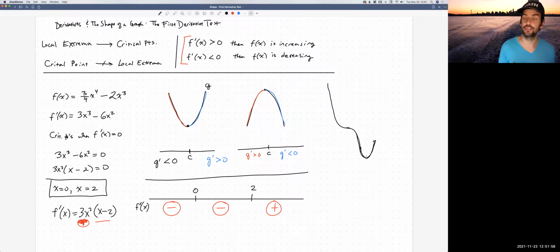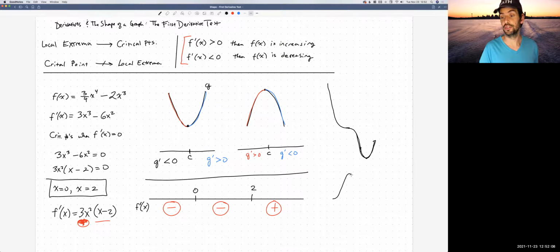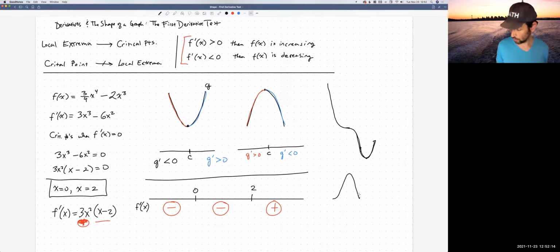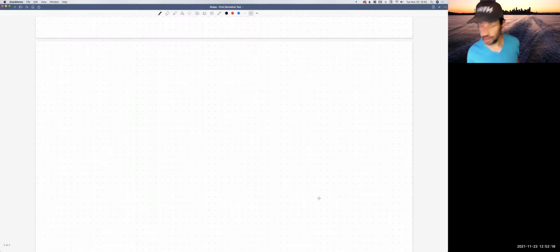We know that critical number is a minimum. And we know that if we had the opposite situation, if we had a function where we were increasing and then decreasing, we would have a local maximum, right? Let's look at a quick example of that kind, and then we'll summarize what we have here.